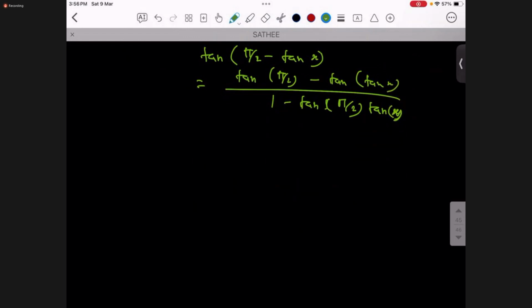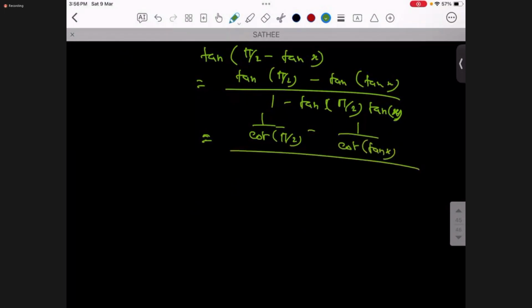That's why we will replace this tan pi by 2 by 1 by cot pi by 2. This will give us 1 by cot of tan x divided by 1 minus 1 by cot pi by 2 into cot of tan x.